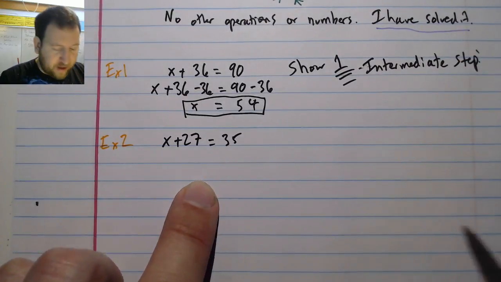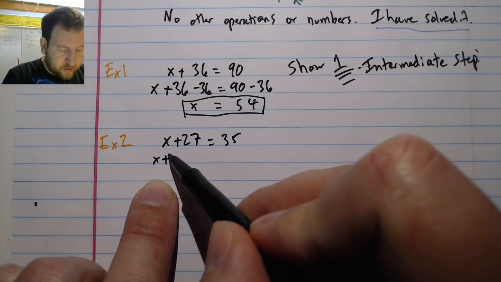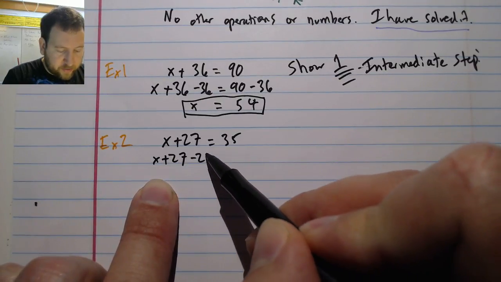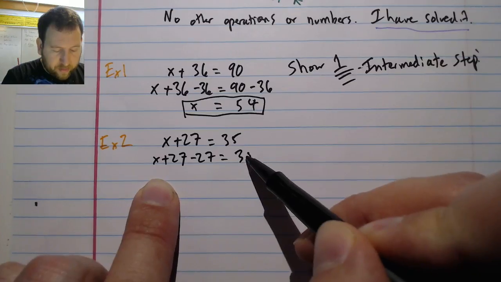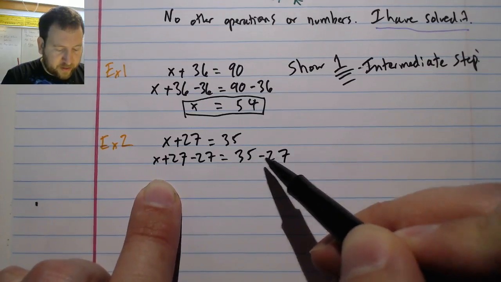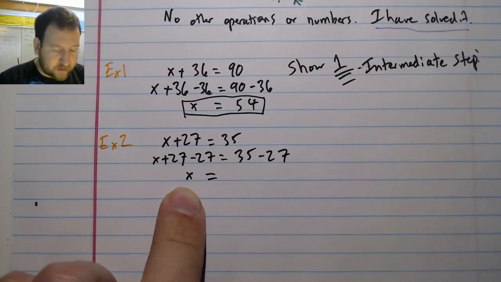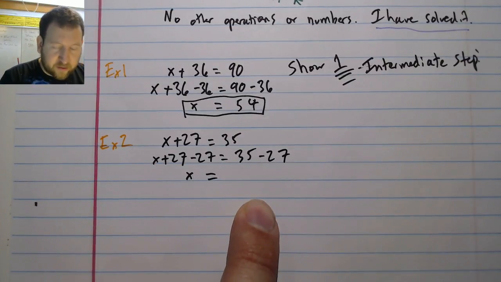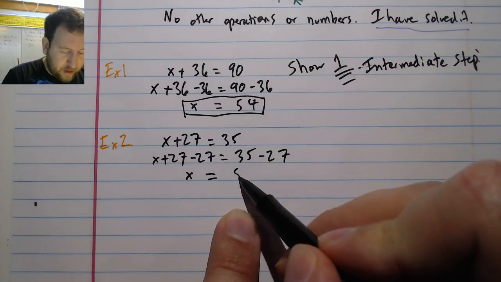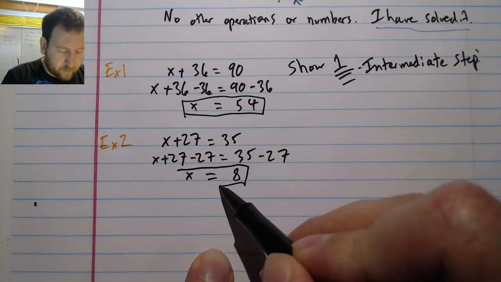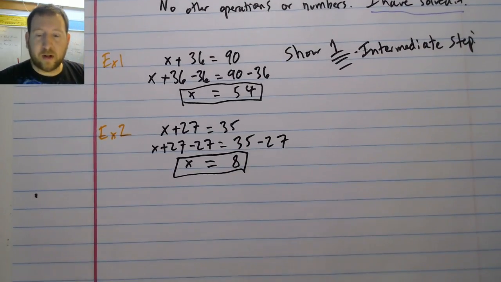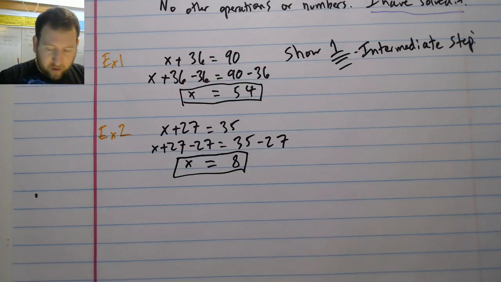In this case, we're going to do the same thing. x plus 27 minus 27 equals 35 minus 27. I have x equals, because 27 minus 27 is 0, 35 minus 27, I think that is 8. All right, there we go. I'm going to do one more if you want to see.